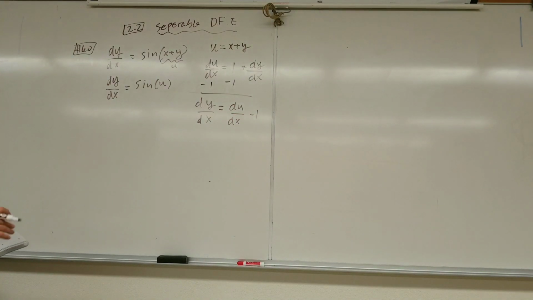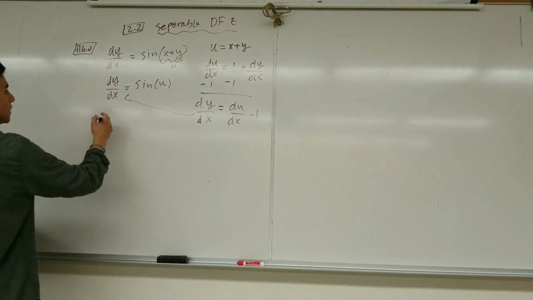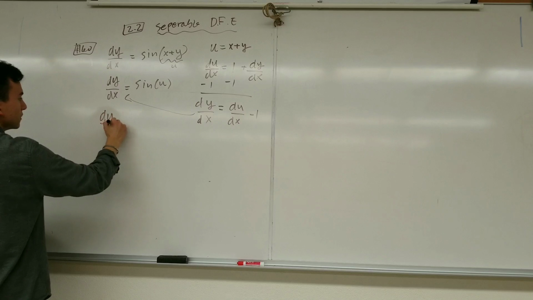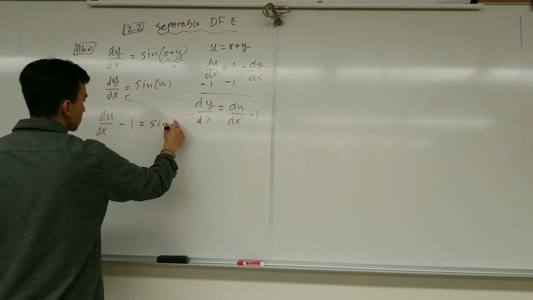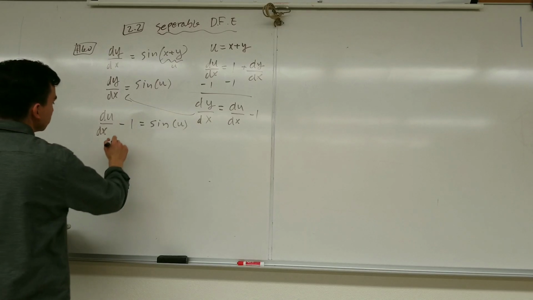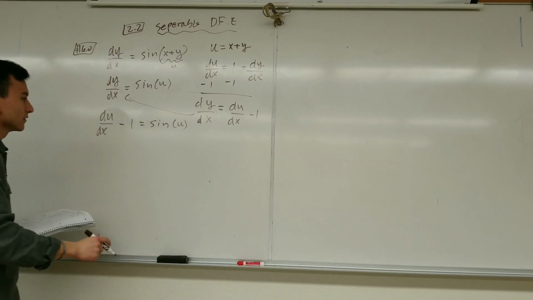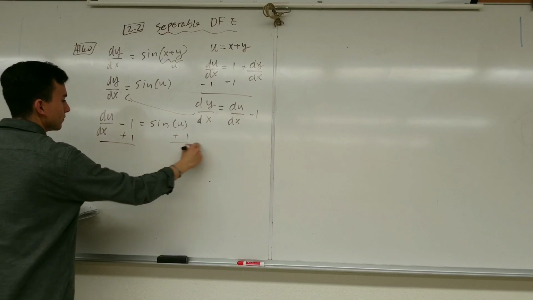Okay, so now that's great because we could plug it back in. We can plug it in here. Now we have du dx minus 1 equal to sine u. Okay, so now what do we do? Well, if you know how to add, we could add 1 to both sides, right?